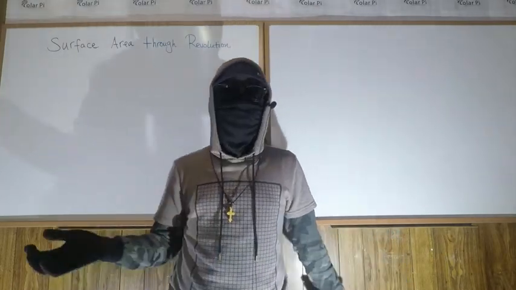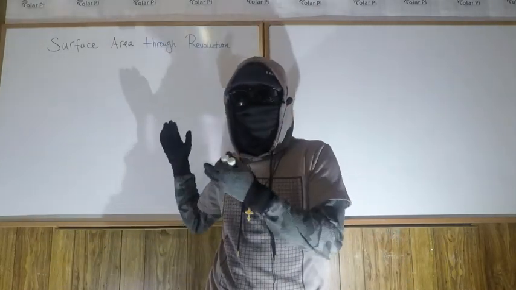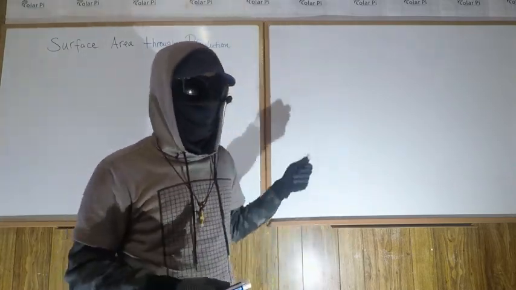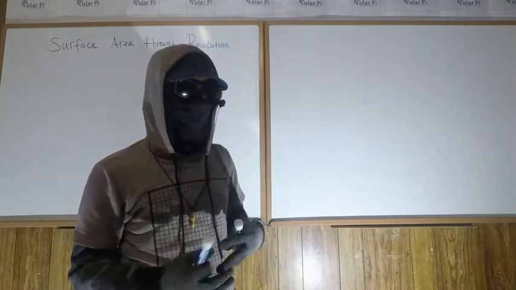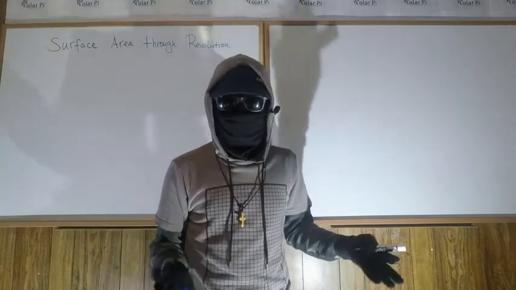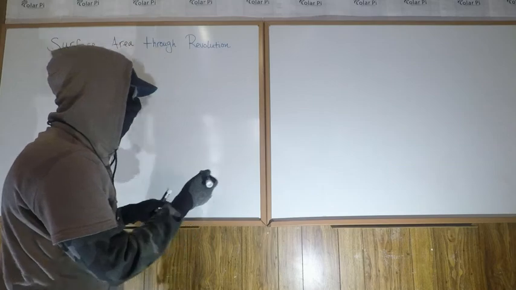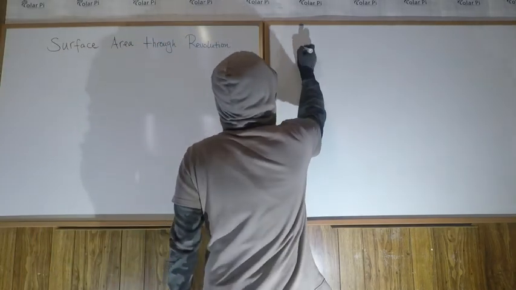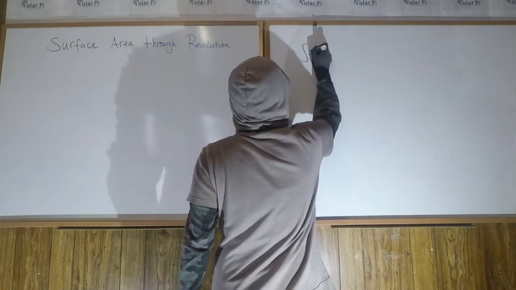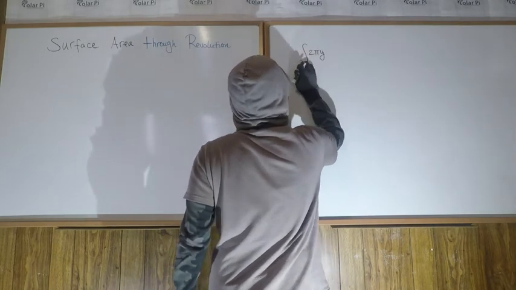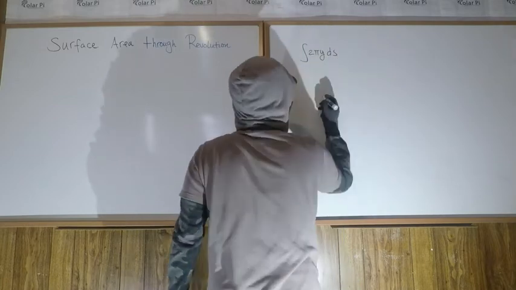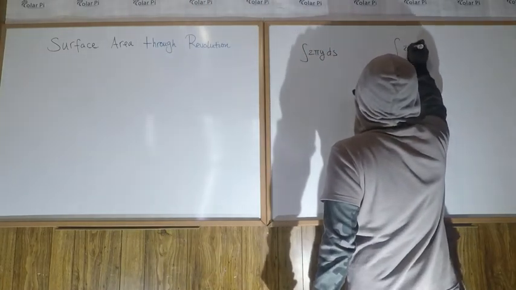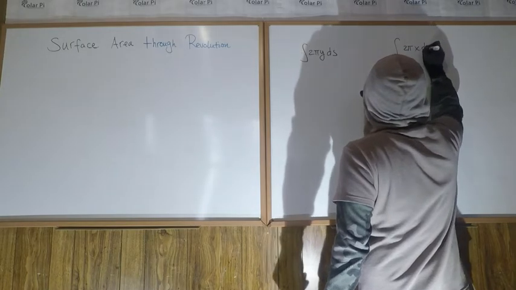The way you should start approaching problems on surface area through revolution is by distinguishing which of the formulas I'm about to write you ought to use. First, do I do 2 pi y ds, or do I do 2 pi x ds?